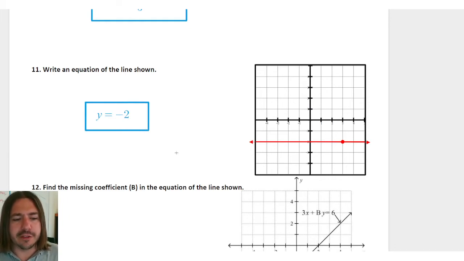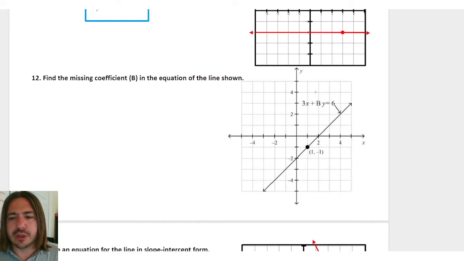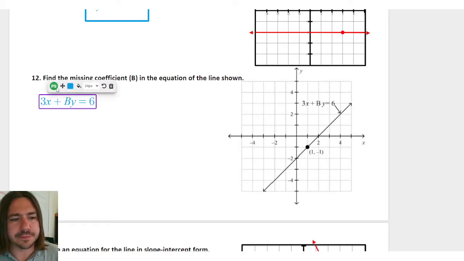For number 12, it says find the missing coefficient, or b, in the equation of the line shown. So what we're going to have to do is rewrite that equation in slope-intercept form and then try to figure out what it is from there. So I'm going to start with just the equation that it gives us.